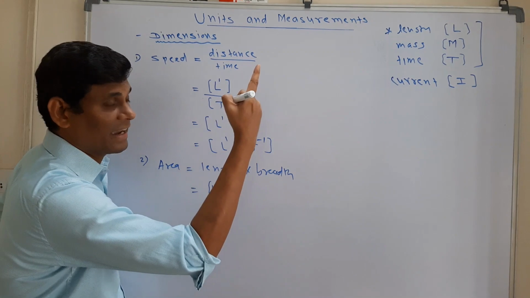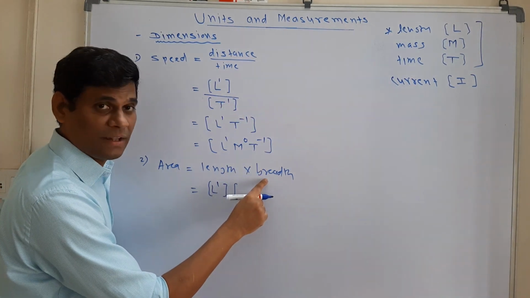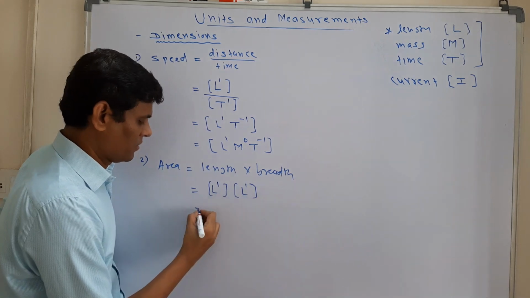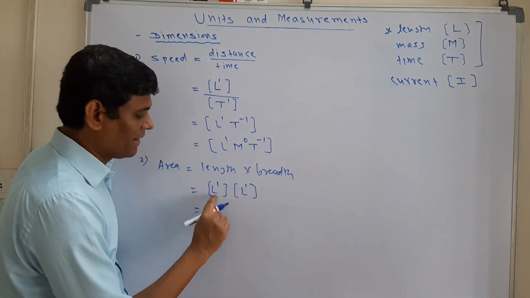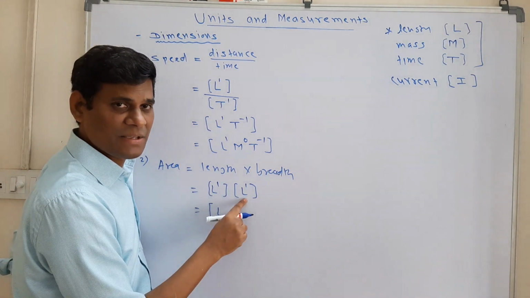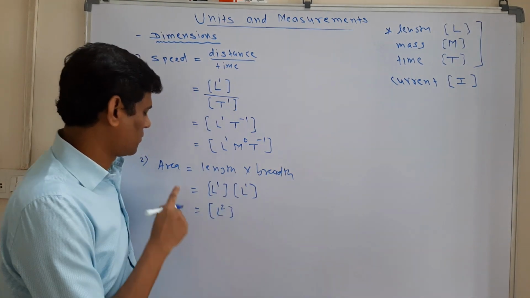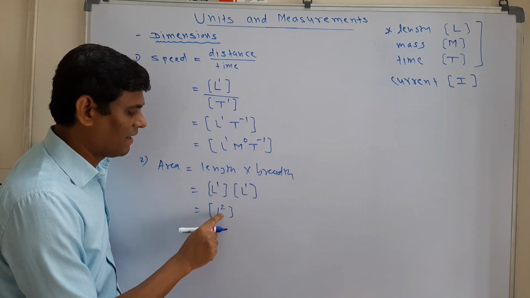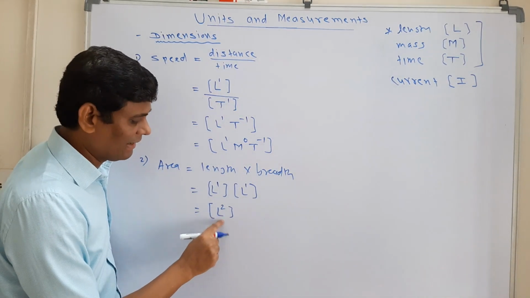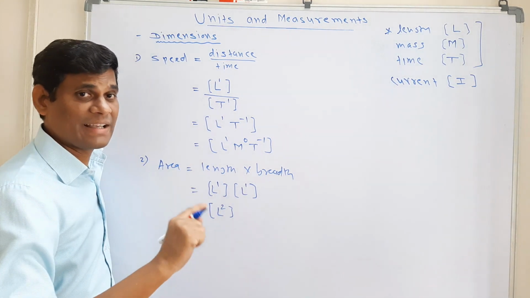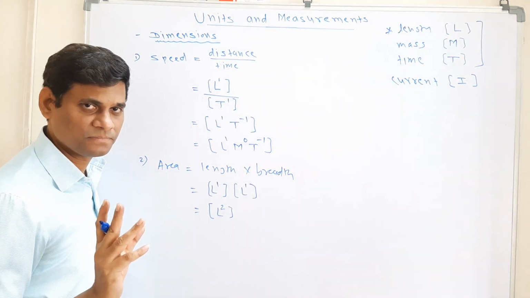Breadth is again a fundamental quantity, length only, the unit is meter. So this is also L1. So in one bracket we'll write L1. The base is the same, so addition of indices, a simple concept. 1 plus 1, L2. So the dimension of area is L2. M and T are not there. If I want to write them, you can, but raise the power by 0.